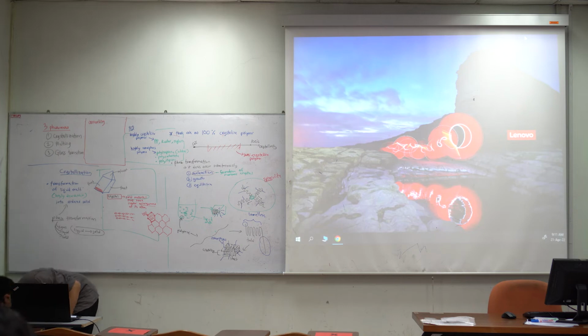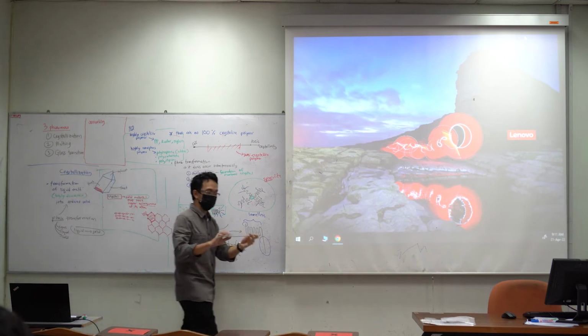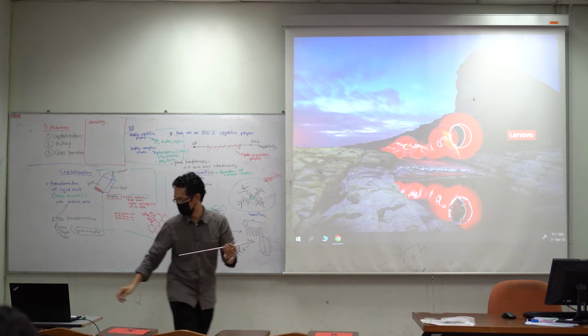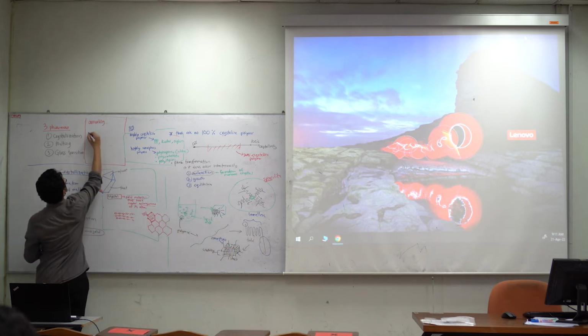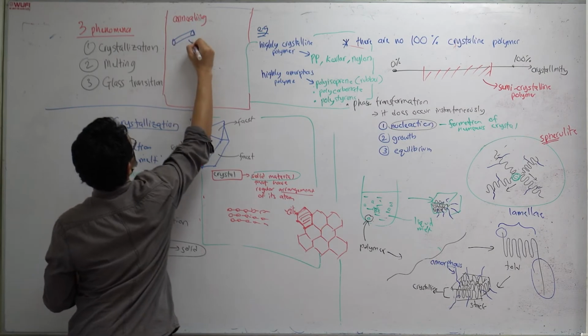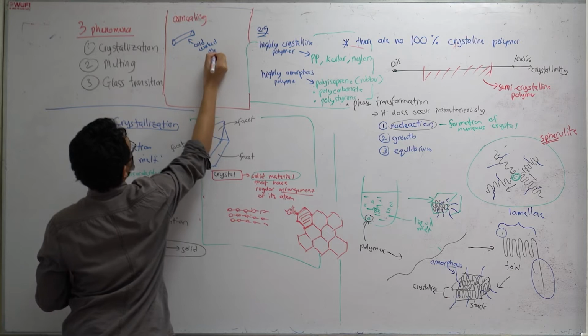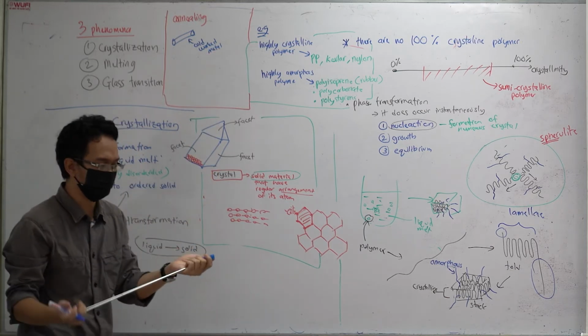Let's say I have a metal like this. So this is already cold. This is what we call cold work metal. Let's say you have this metal rod. It's already finished.